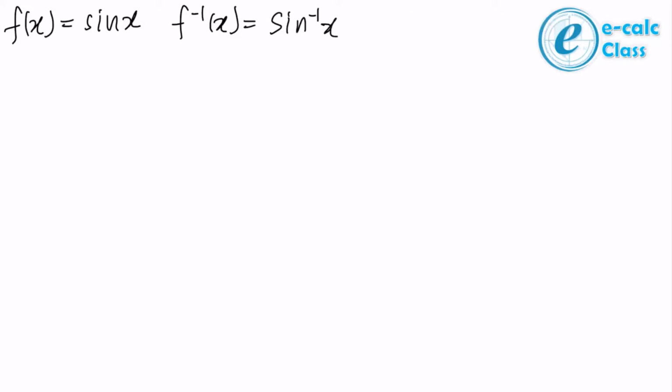So f of x equals sine x. Then in order to use that theorem, we need to find f inverse of x, right? And we know that f inverse of x is just sine inverse, which is arcsine of x. Am I right? Then what is the derivative of sine x? Cos x. Am I right?